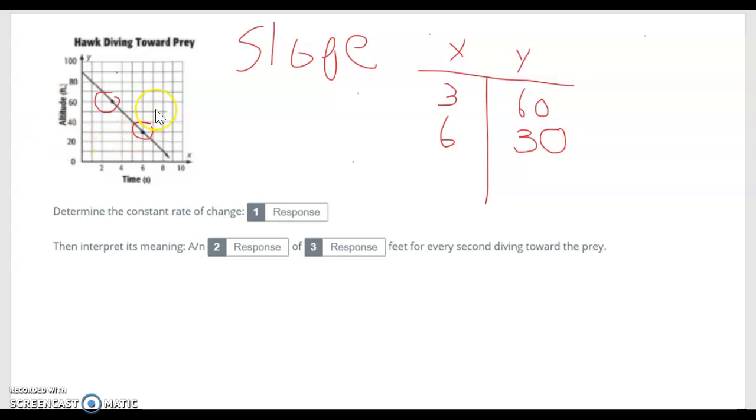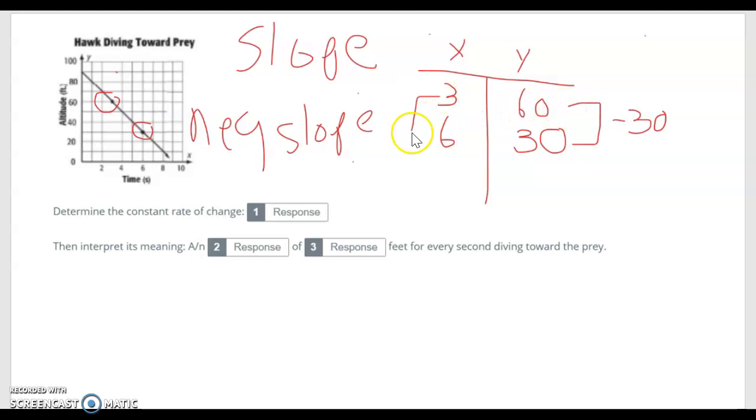When I'm looking at this graph, I realize that it is decreasing. I know that it's going to be a negative slope by sight. When I find the change from 60 to 30, that is minus 30.